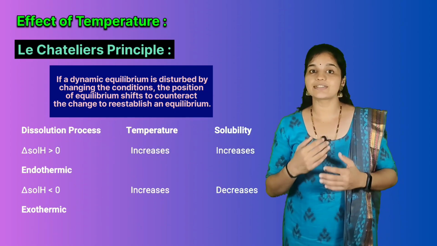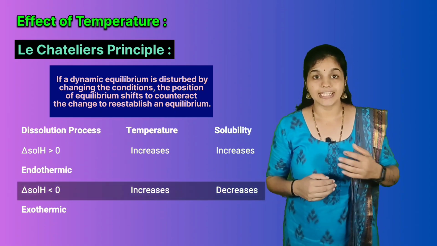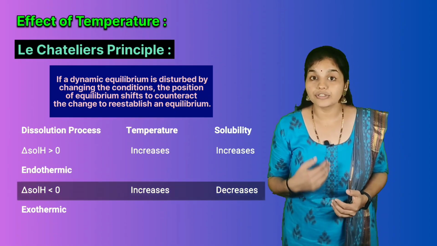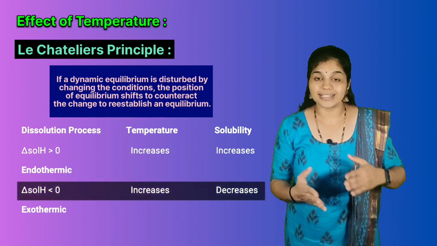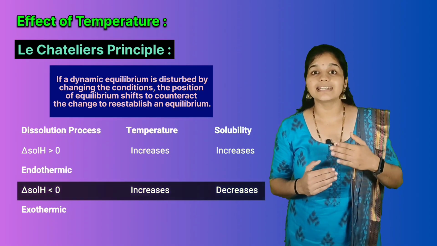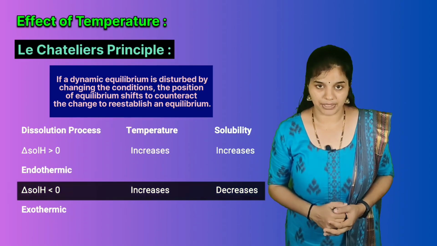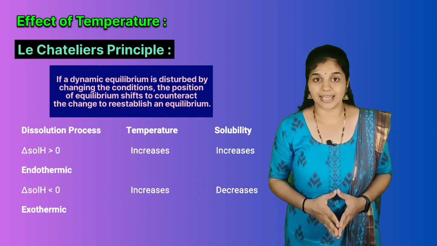And if the dissolution process is exothermic, that is, if heat is given out during the dissolution, delta H of solution is less than 0 in this case. The solubility will decrease with increase in temperature. This was found true experimentally as well.